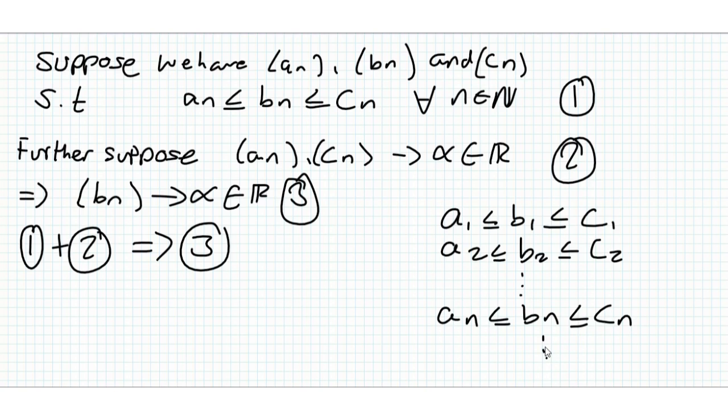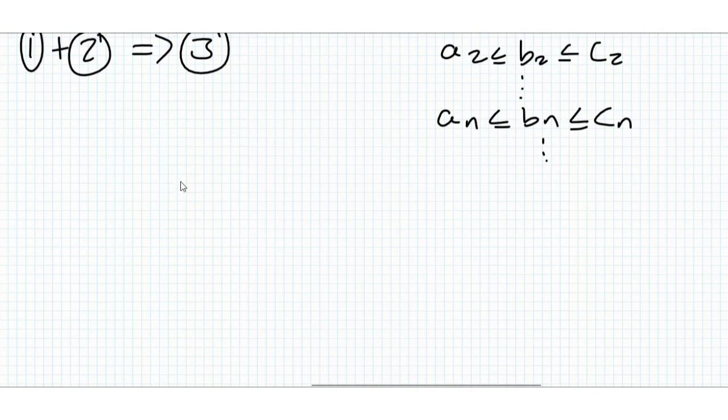So let's look at an example of how we can use this relatively simple theorem. The trick really is, we'll probably be given some sequence, (bn) or whatever it's called, and we want to manipulate this in some way so that we can find two sequences that satisfy these properties and that we also know the limit of, and that will give us the limit of the sequence we're looking for.